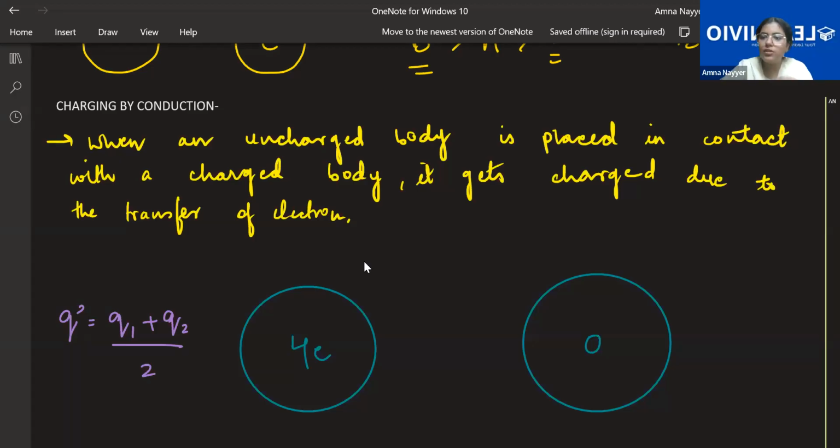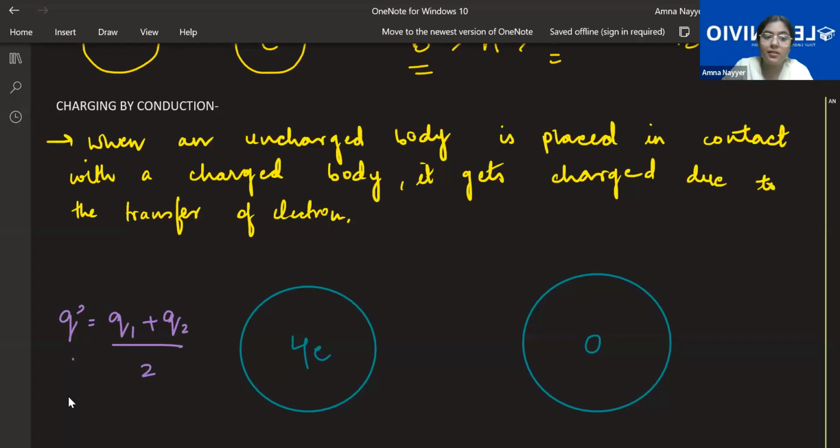We want to distribute it equally among the 3 of us. So what we'll do, we'll collect all the pens together. We'll see, okay, 6 plus 4 plus 5, these are 15. And how many are we? 3. So we divide it into 3 parts, one for you, one for me, one for her. So similarly here also you're adding the charges and dividing by 2. That's why this is a very easy formula.